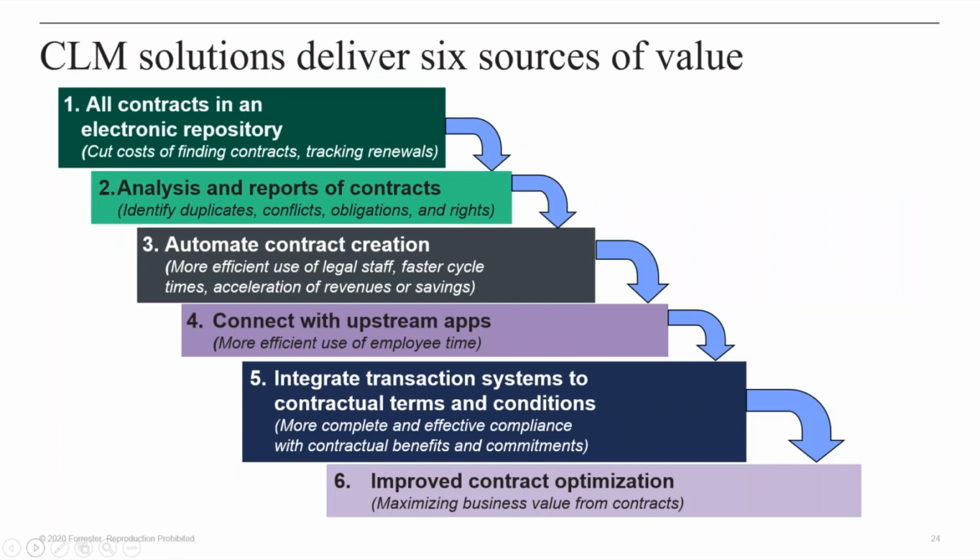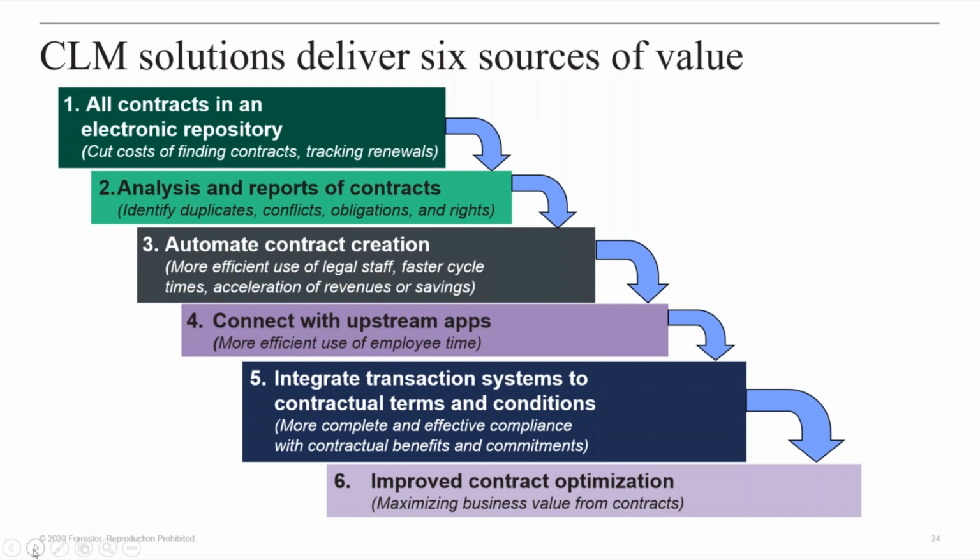The first stage of value that most companies see is to put all your contracts in an electronic repository. This is also where most companies start. Not always. Some people jump to stage 3, as I'll get to in a moment. But probably 90% of companies start with, okay, our first task is we want to find all our contracts. We want to put them in the repository.